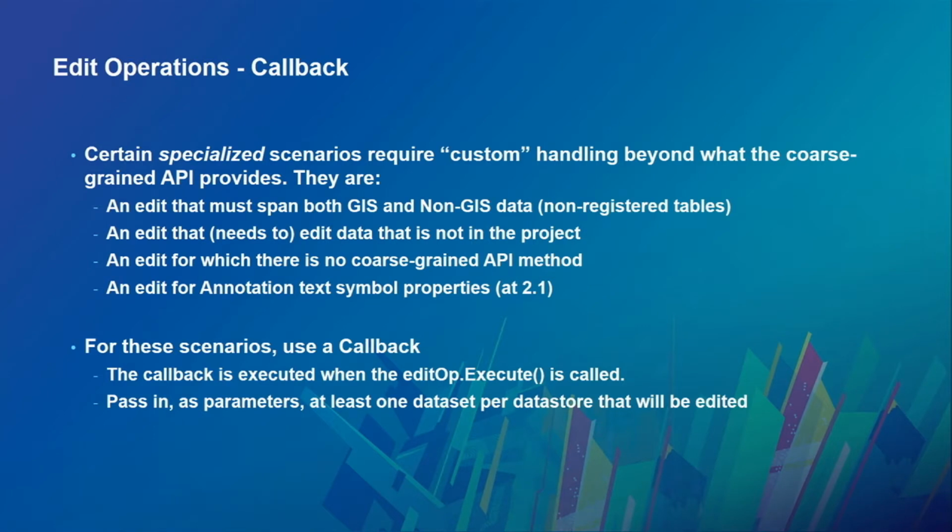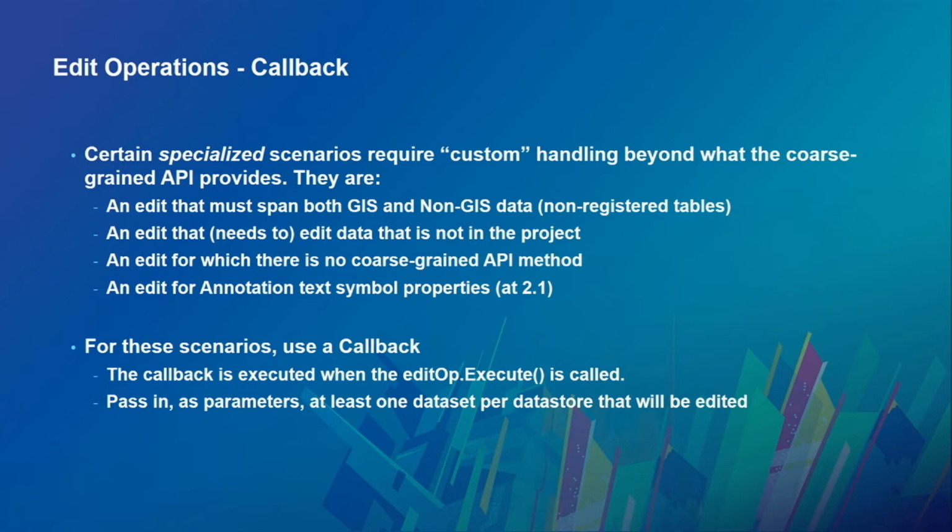Generally, these situations are where you have non-geodatabase tables in your geodatabase. You're wanting to edit data that isn't actually in your project, so you need to use the geodatabase API. There's an edit for where there is no coarse-grained API method existing on the edit operation.